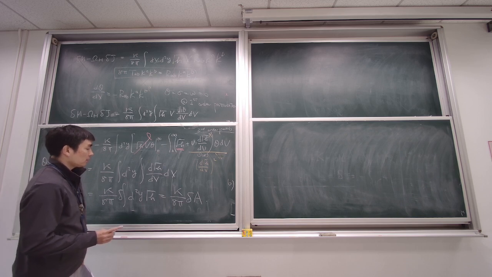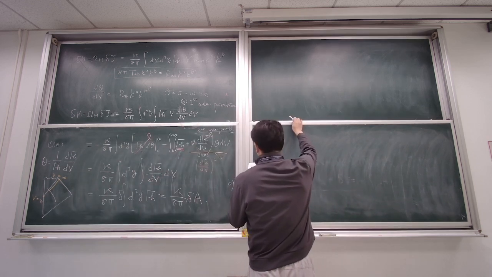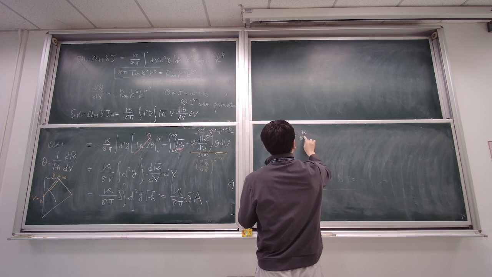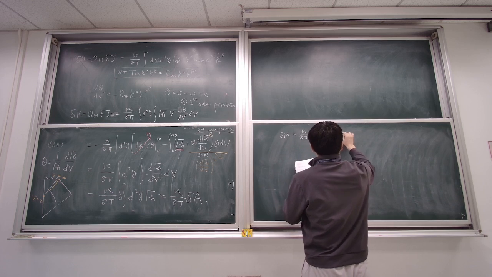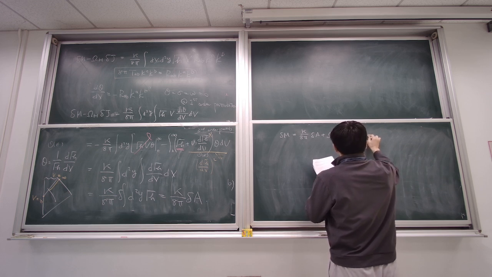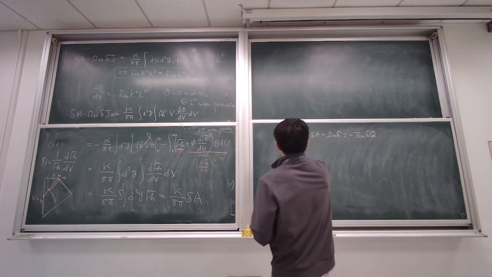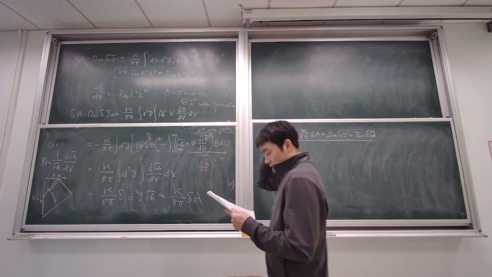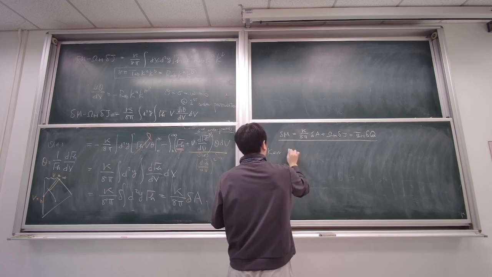I'll be brief about the second derivation. In fact, what you can show is that delta M is equal to, just by explicit calculation, delta A plus omega_H delta J plus Phi_H delta Q. This can be derived from the Kerr-Newman black hole.